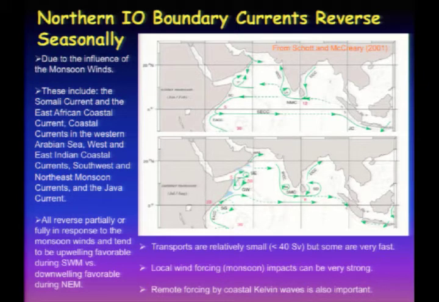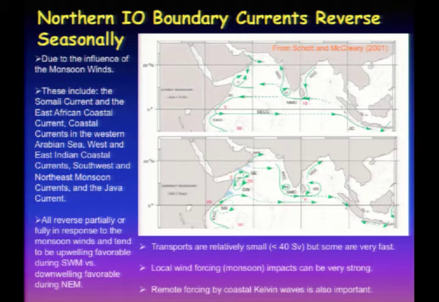Okay? So all of the northern Indian Ocean currents reverse partially or fully in response to the monsoon winds, and they tend to be upwelling favorable in the southwest monsoon, and they tend to be downwelling favorable during the northeast monsoon. Most of these currents are relatively small. Many of them are on the order of about 10 sverdrups, and their transports are different depending on which way they go.